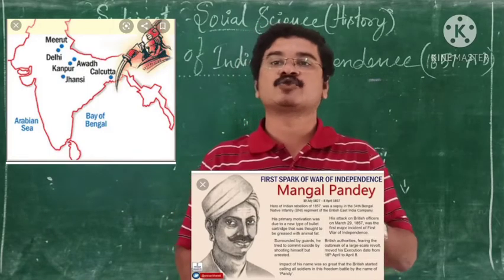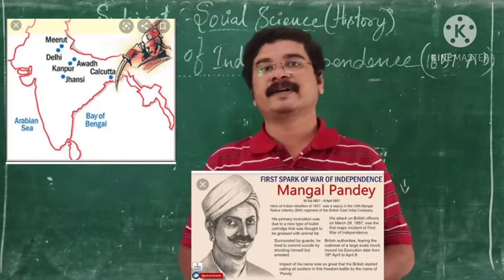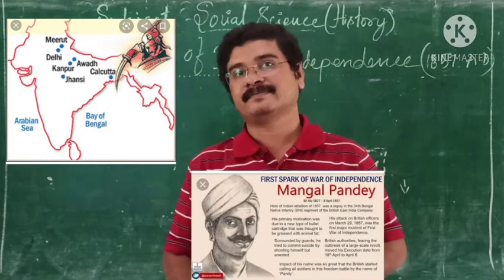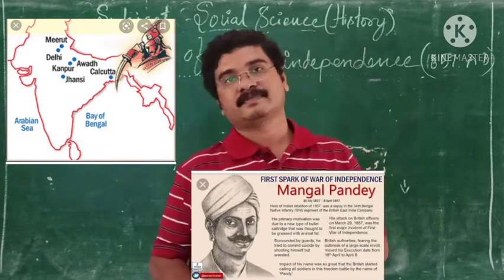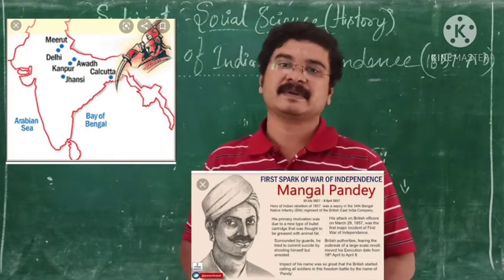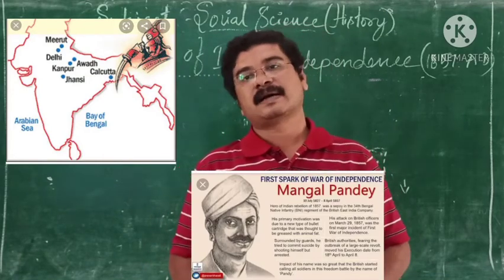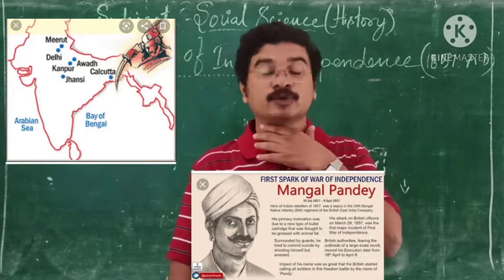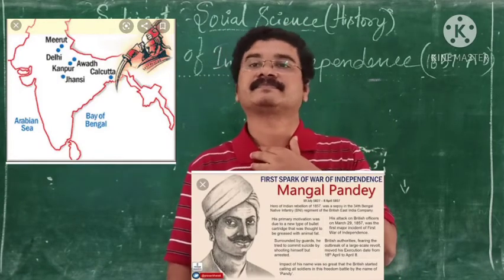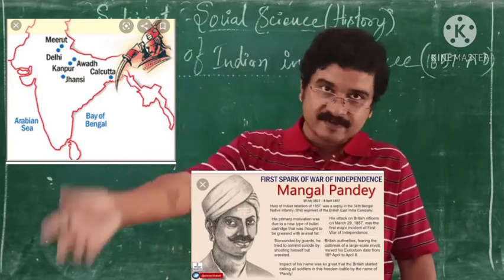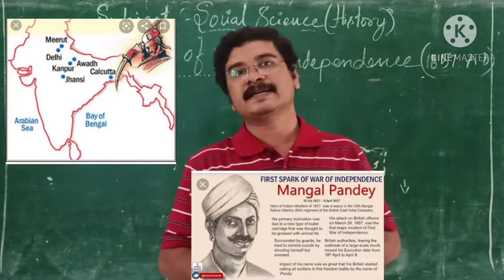An Indian soldier named Mangal Pandey killed a British officer. Subsequently, he was arrested and tried, and he was hanged by the British East India Company.